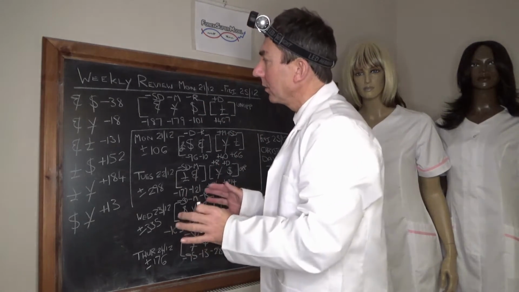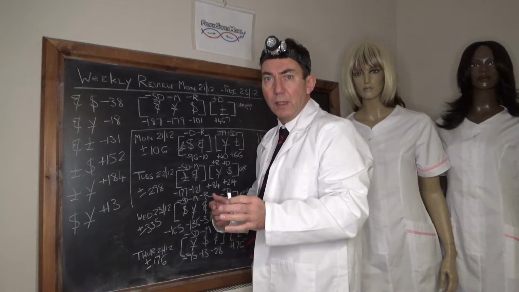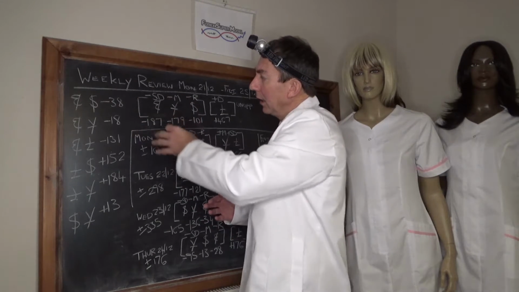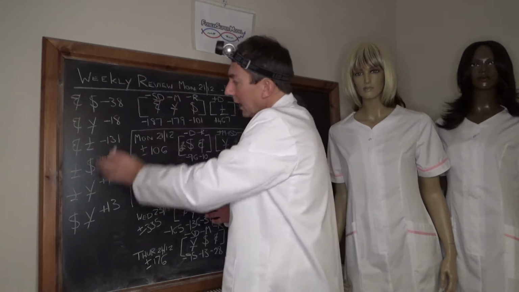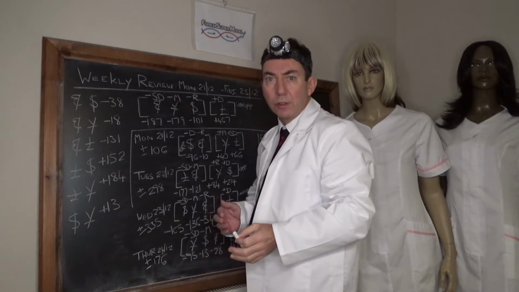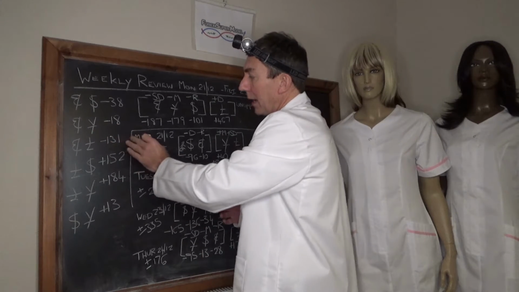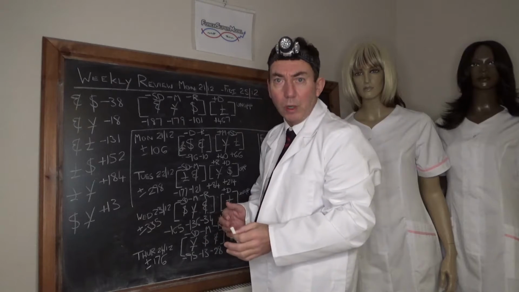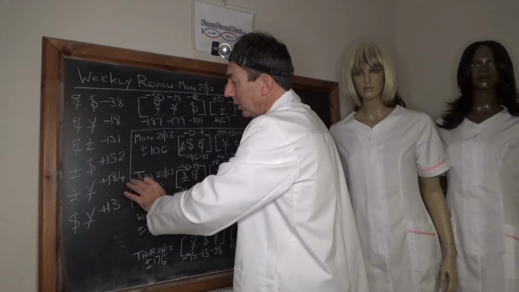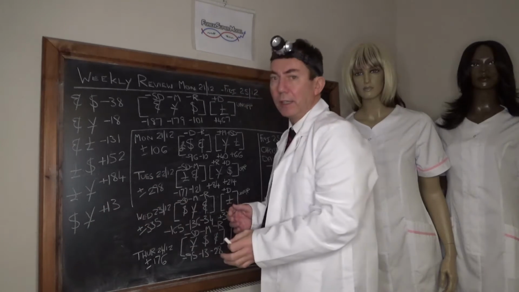If we look at the individual FX pairs that form the major complexes for the modelling, we've got euro dollar minus 38 during the week, euro yen minus 18, euro pound minus 131, pound dollar plus 152, pound yen plus 184, and dollar yen plus 13.